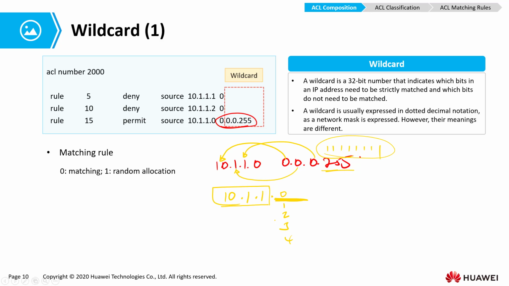It permits packets with the source IP address on the network segment 10.1.1.0. So the wildcard 0.0.0.255, with the last 8 bits being 1s, indicates that those bits do not matter. Therefore, the last 8 bits can be any value.